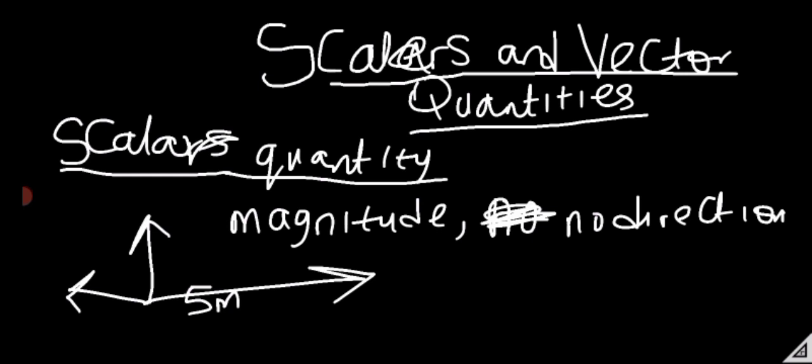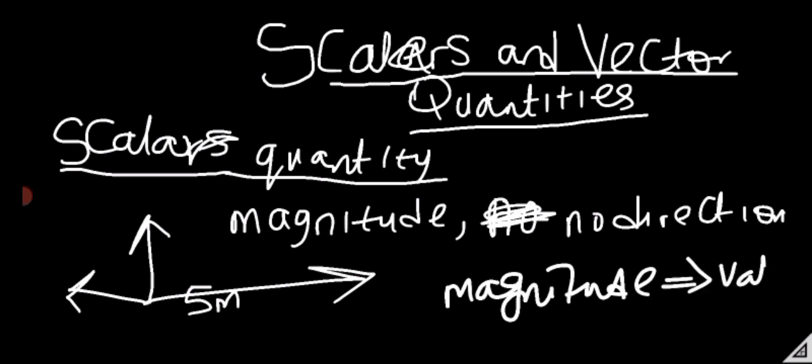Now, what is magnitude? Magnitude is the value. Magnitude means the value of the quantity. Are you getting it now? For example, when we say the length of a table is 5 meters, this 5 is the magnitude. For example, now we say the speed of a car is 100 meters per second.